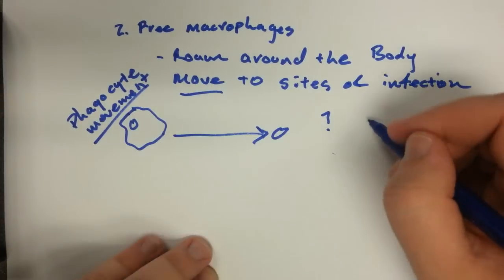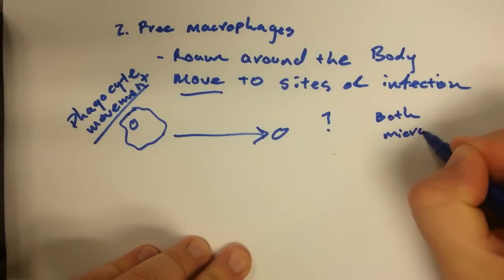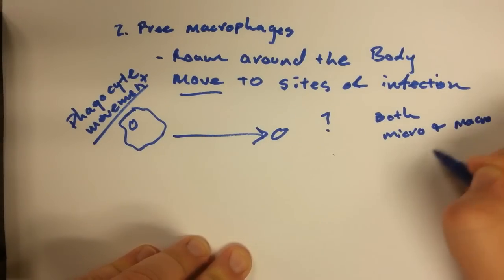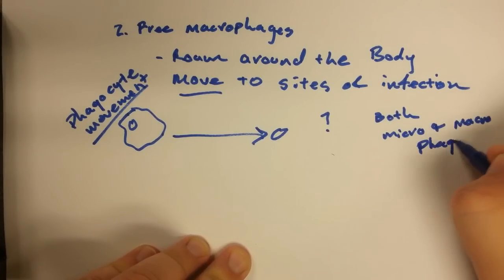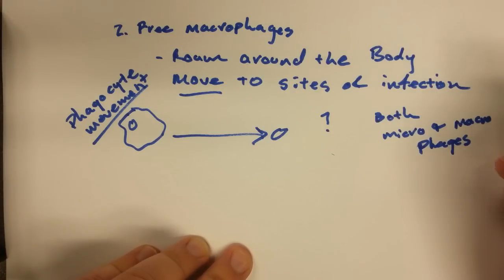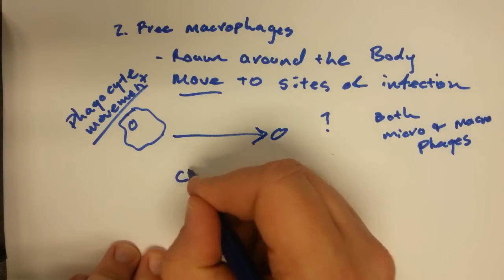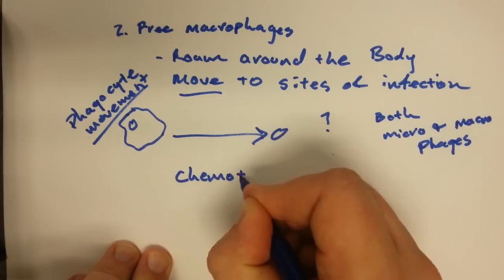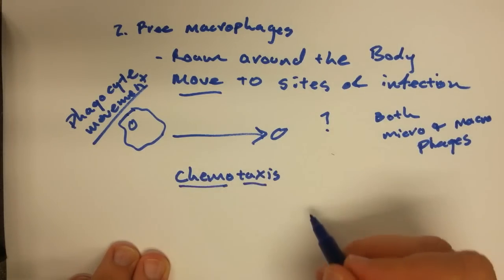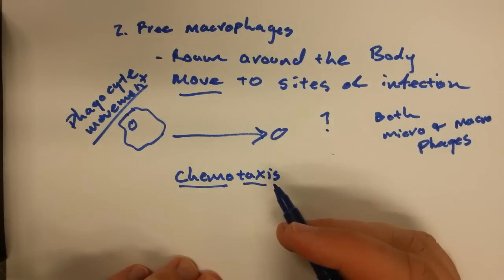So this phagocyte movement, this applies to both micro and macrophages. So both micro and macrophages do this. The first thing they do is chemotaxis. So that's chemo meaning chemical, and taxi comes from a word that means to move around. That's where the word taxi comes from.